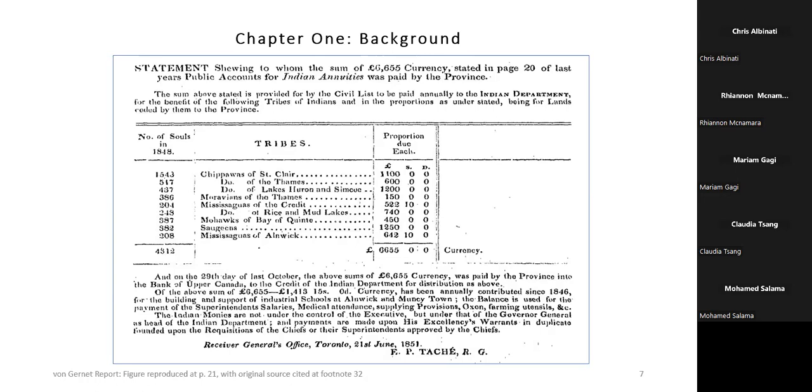And then in the first column, those are not the population numbers at the time of treaty, rather they are the latest population numbers available, which was 1848. If you did the math, you'd see that multiplying those by $10 is not going to give you the same numbers. So the formula doesn't work anymore. The formula is only relevant for the establishment of the annual figure that they get.